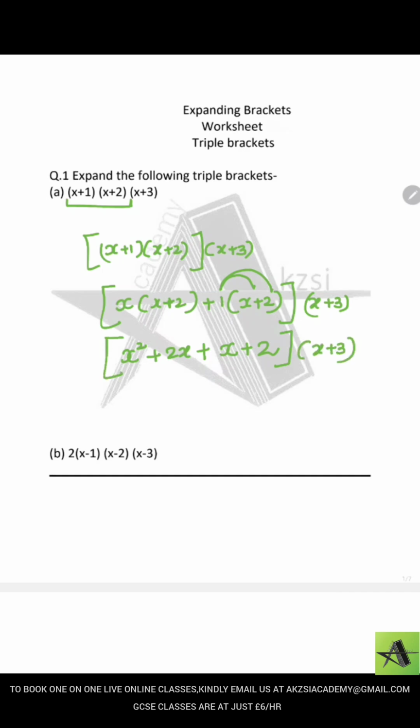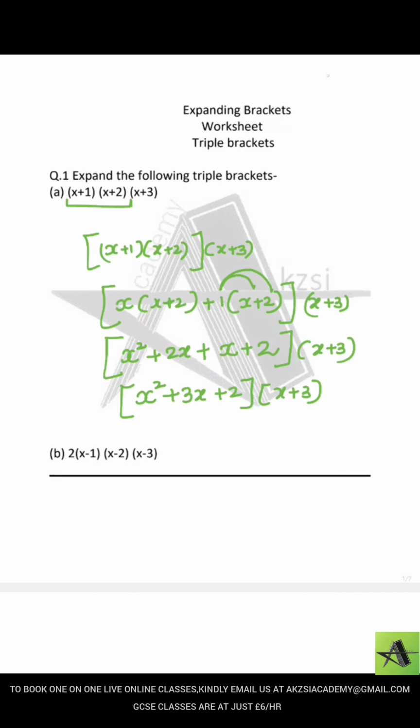On simplifying, we'll get x squared, 2x plus x is 3x plus 2, and this will be x plus 3. Now, obviously, we will be multiplying every term of this one bracket with every term of the other bracket.